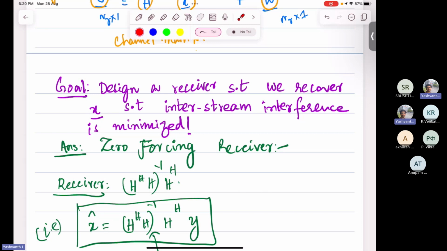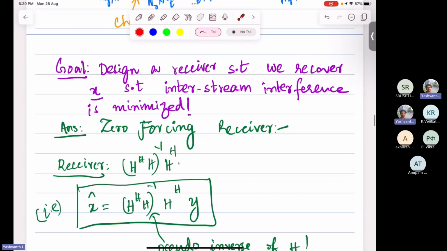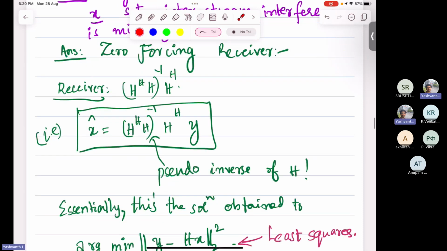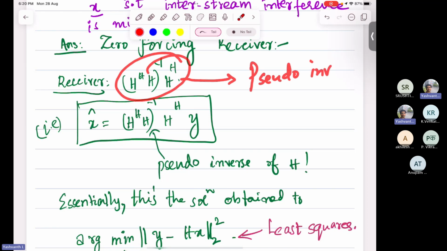But for a moment, if I want to design a receiver to detect or decode what my transmitted symbol X was, the answer is something called a zero forcing receiver. Essentially it is a least squares. See, what is this? H Hermitian H the whole inverse H Hermitian is also called the pseudo inverse of H, if H is full column rank.